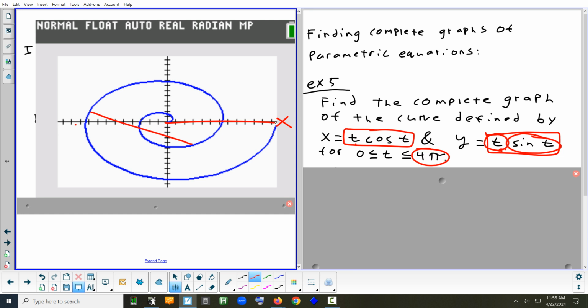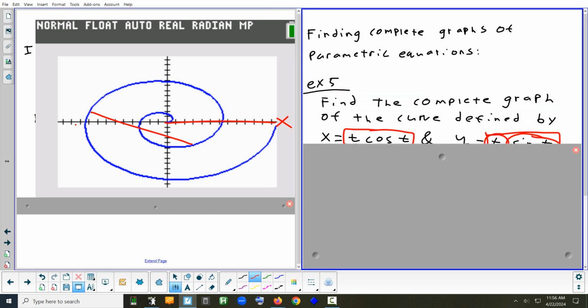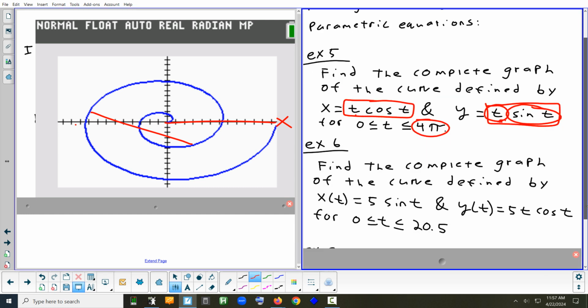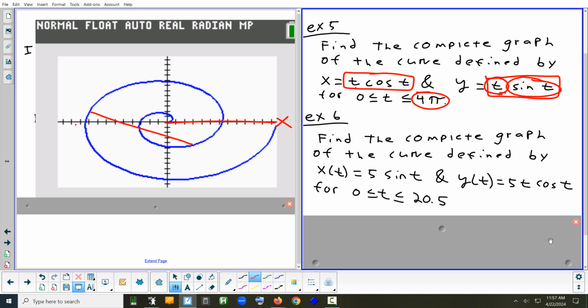Any questions before we look at the last graph? All right. Let's look at the last one. Okay, so it says find the complete graph, and it says x equals 5 sine t, and y equals 5t cosine t. All right, this is nothing like we've done before.